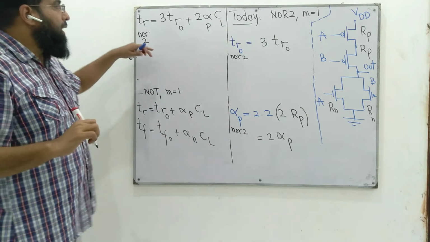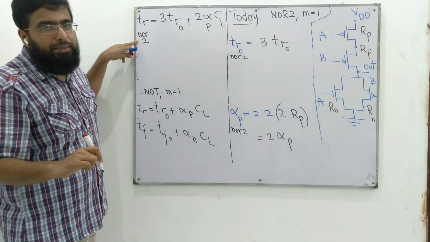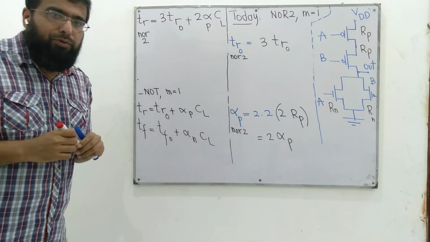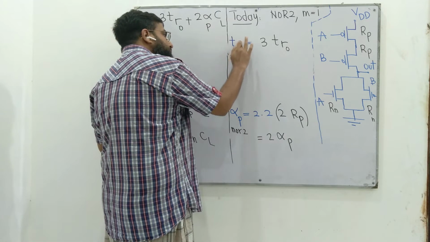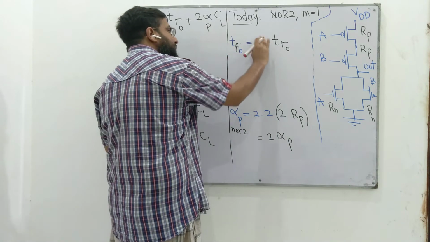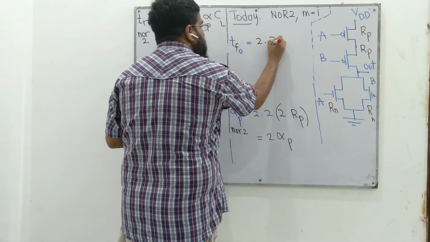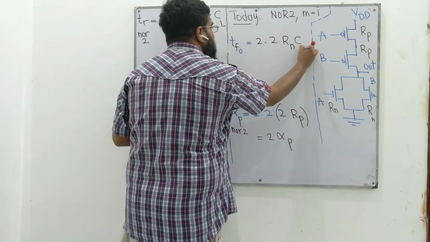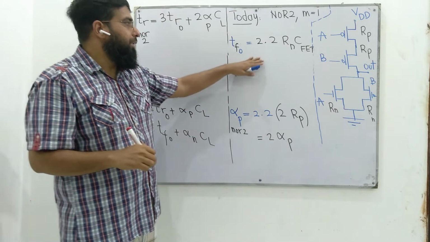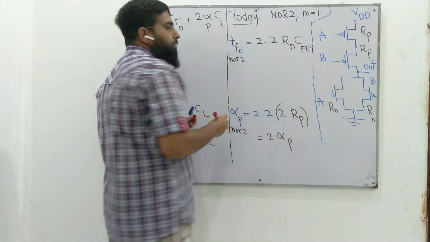So we have done half of the required work, completing the expression for the rise time delay of this NOR2. Let's write the expression for the fall time delay. The fall time delay of a node with M equal to 1, as we have already studied, is 2.2 Rn CFET. Now we are going to convert it into TF0 for NOR2 with M equal to 1.